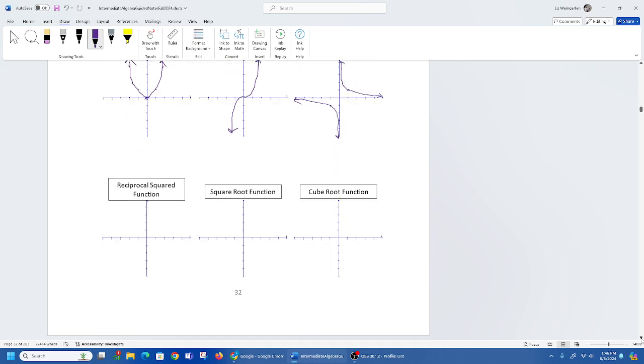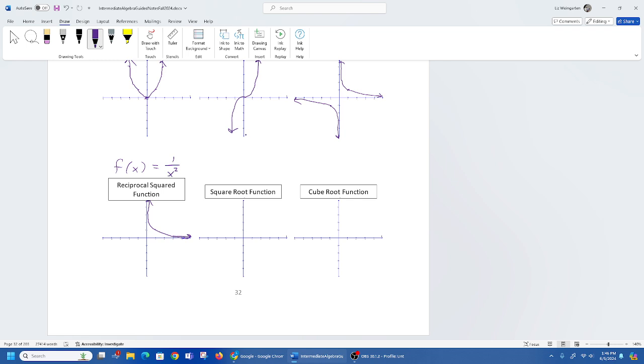The reciprocal function squared is very similar to the reciprocal function. So we're going to do f of x equals 1 over x squared. It's still going to start at 1, 1. It's going to get close to the x and y axes faster because it's being squared. It doesn't cross like it did in this drawing because I'm, again, terrible at drawing.